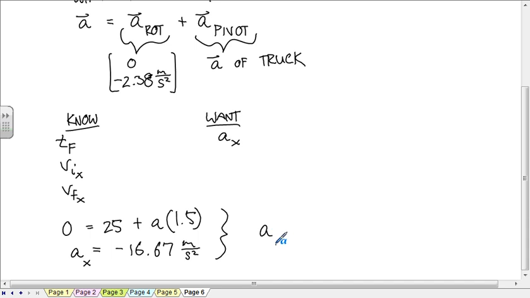And so the acceleration of the pivot is negative 16.67, 0. Any questions about that? So that's not the total acceleration, but that's the acceleration of the pivot point. And now to get the total acceleration, we're going to add that to this one.